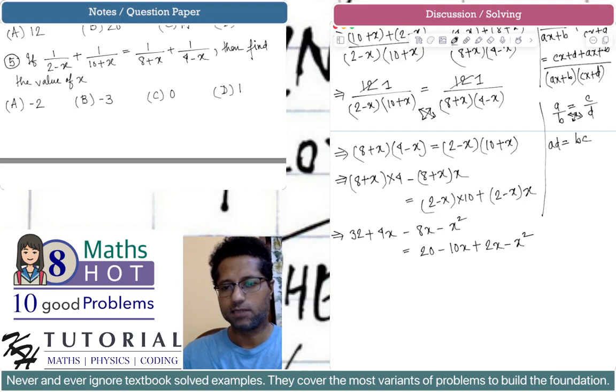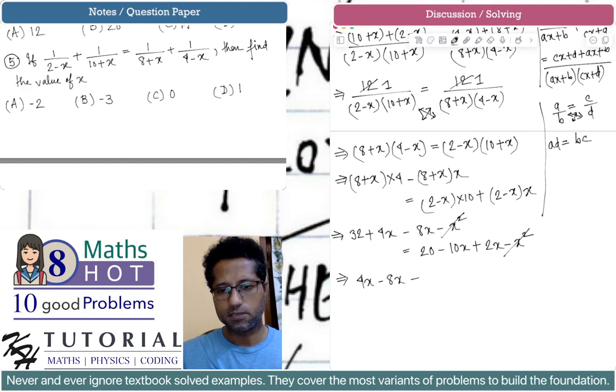So we can cancel out minus x square from both sides. And now we will bring all the x terms to the left hand side and all the constant terms to the right hand side, and we get 4x minus 8x plus 10x minus 2x is equal to 20 minus 32.